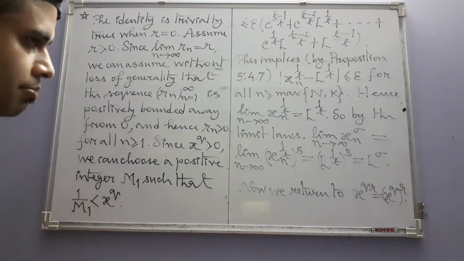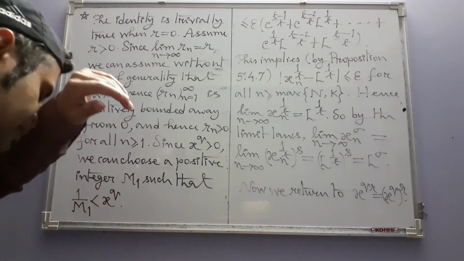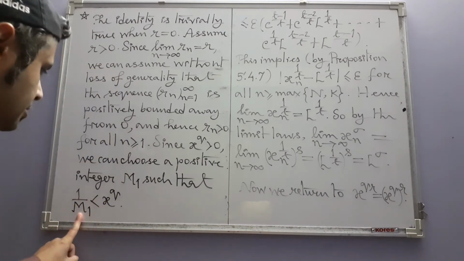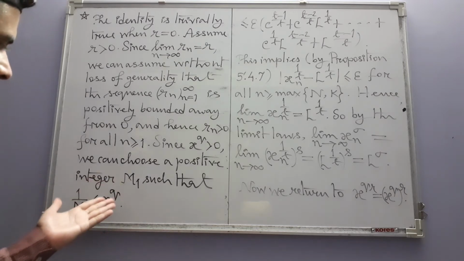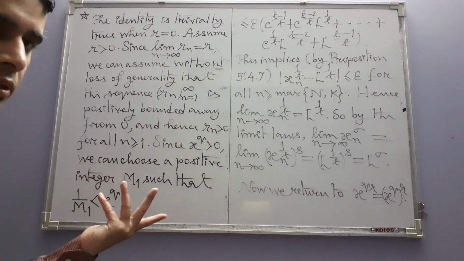This fact comes from the Archimedean property. We can choose this m1 sufficiently large that its reciprocal is less than x to the power q, no matter how small x to the power q is.